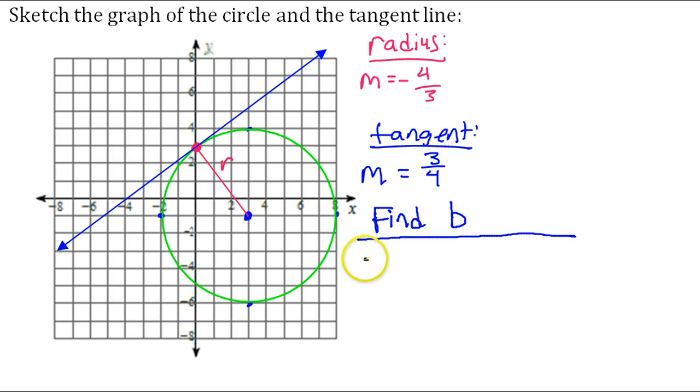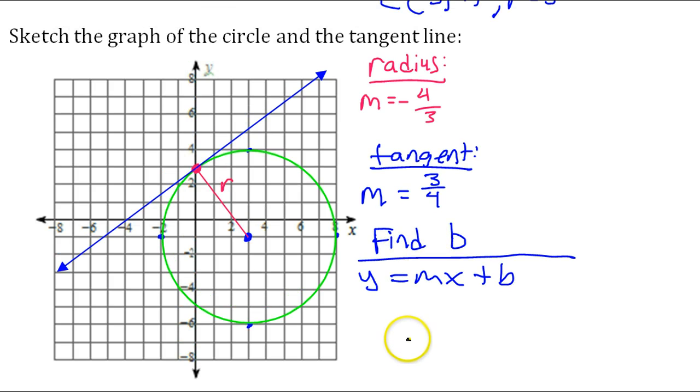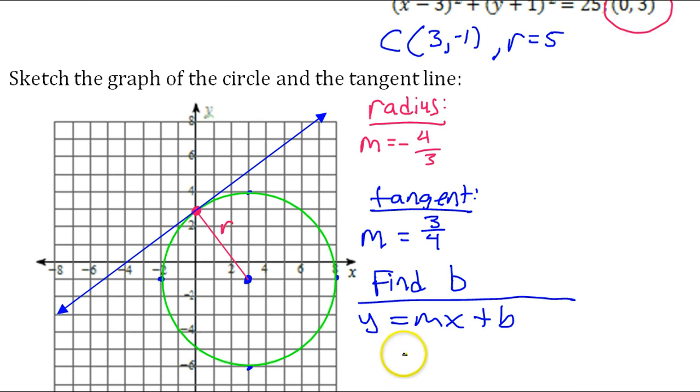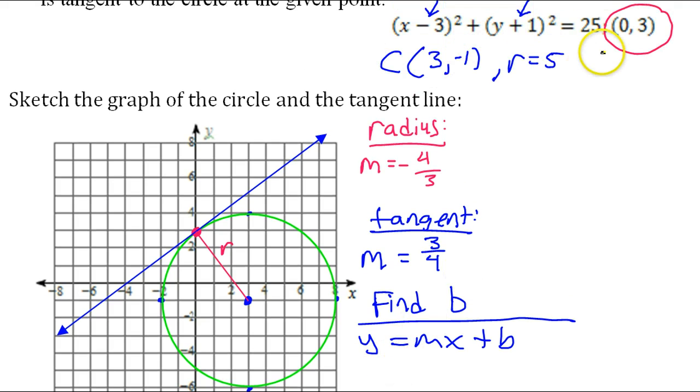Okay? To find b, we look at y equals mx plus b. So, if we want a y, we just need to use a point that's on the line. And the one point we have is this 0, 3, the point of tangency. Okay, so 0, 3, this is our x, and that's our y.